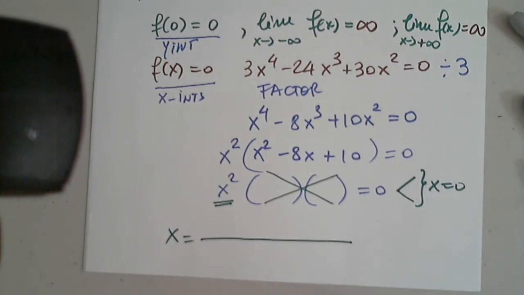Can anyone give us the quadratic formula? Noor, can you give us the quadratic formula? Are you with us? Give me one second, sorry. So it would be x equals negative b plus or minus the square root of b squared minus... Do you want me to fill that in right now?